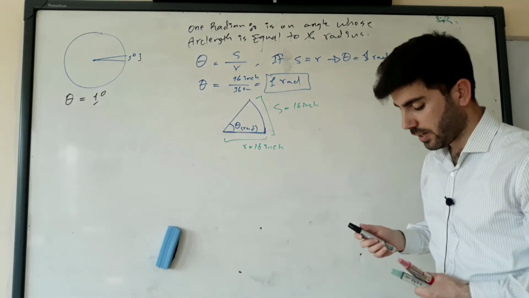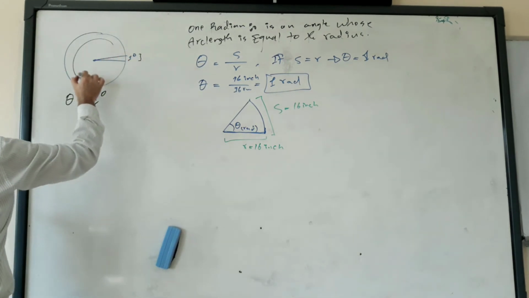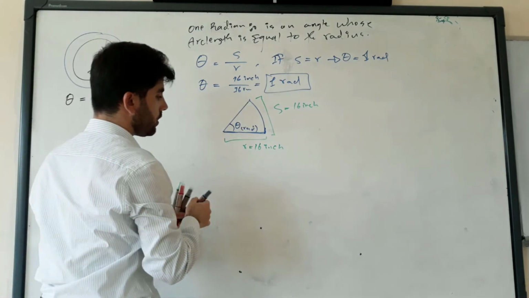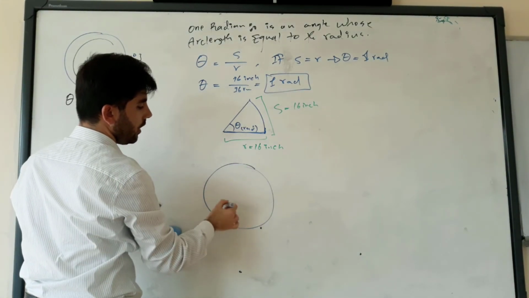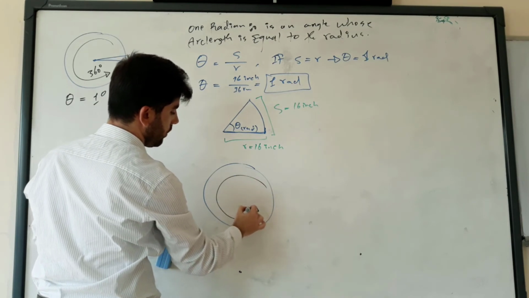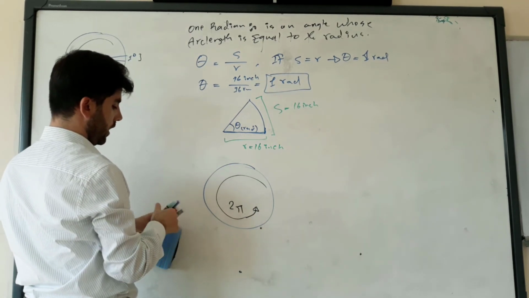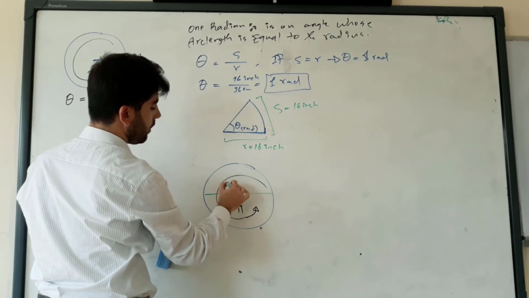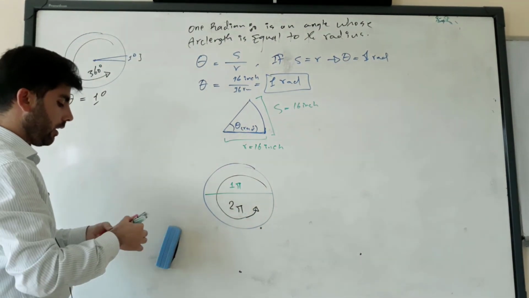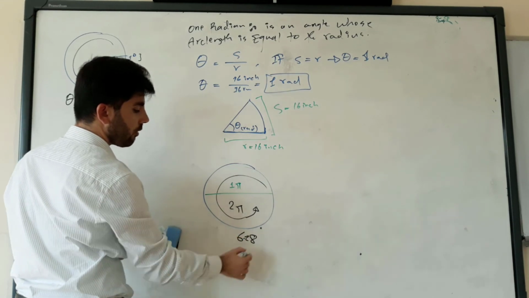So we can say that, guys, here the circle is divided into 360 degrees, but here the circle is divided into 2 pi, and half of it becomes 1 pi, okay, and a quarter of it becomes pi over 2. In another way, guys, 2 pi is equal to 6.28 radian.